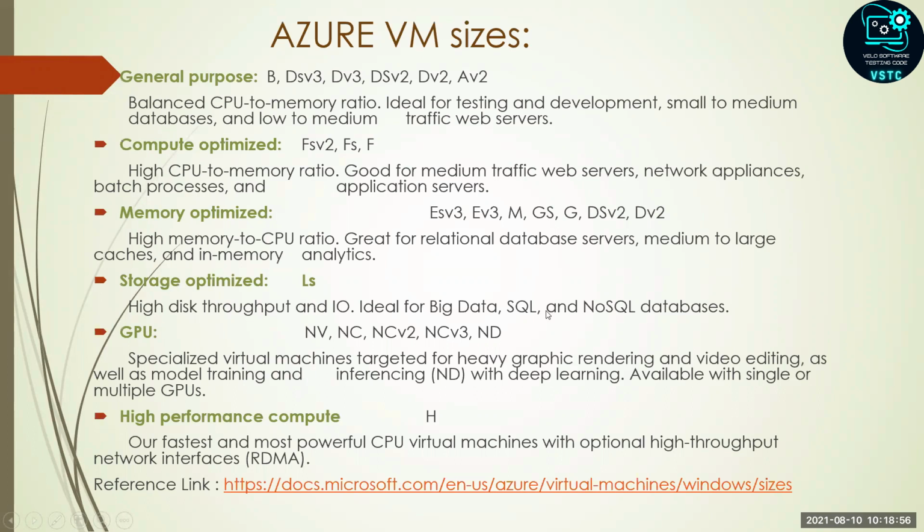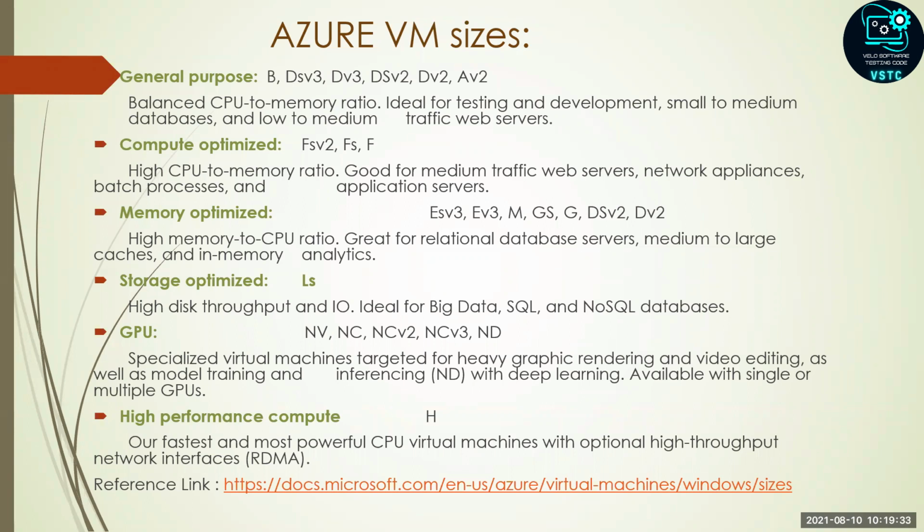First, we'll see Azure VM sizes. We have general purpose sizes, B, DSV3, DV3, etc., and compute optimized, memory optimized, storage optimized, GPU, and high performance compute. In the H series, high performance compute series, even a virtual machine will cost some lakh per month, maybe more than a lakh per month.